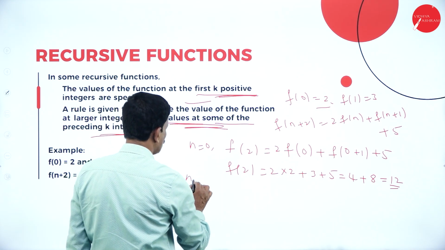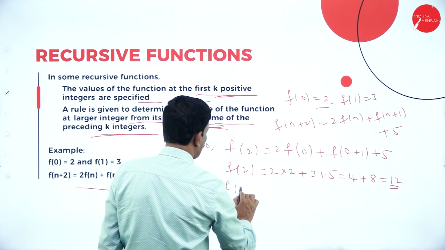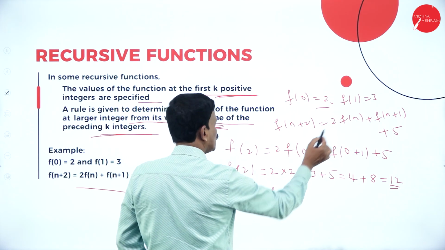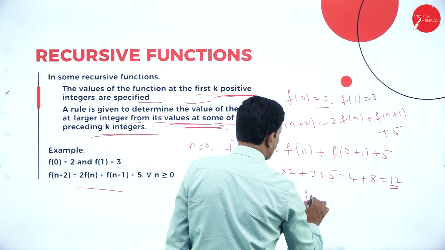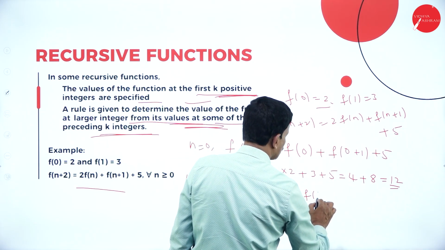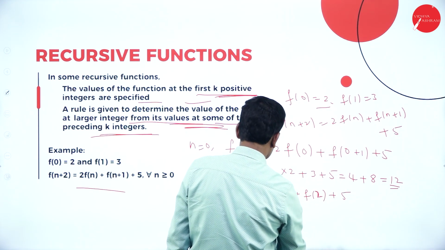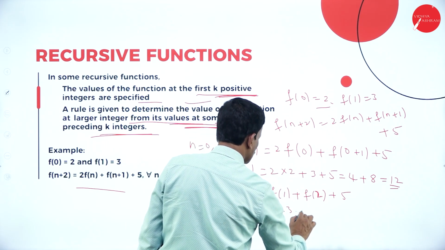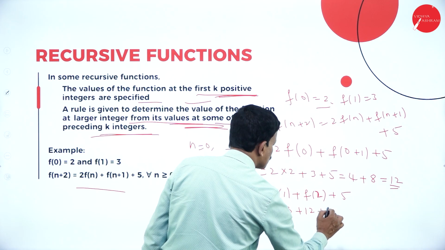Similarly, if you put n is equal to 1, then this becomes f of 1 plus 2, which is f of 3. So 2 into f of n, that is f of 1, plus f of n plus 1, that is f of 1 plus 1, which is f of 2, plus 5. So 2 into f of 1, f of 1 is equal to 3, plus f of 2, f of 2 is equal to 12, plus 5.